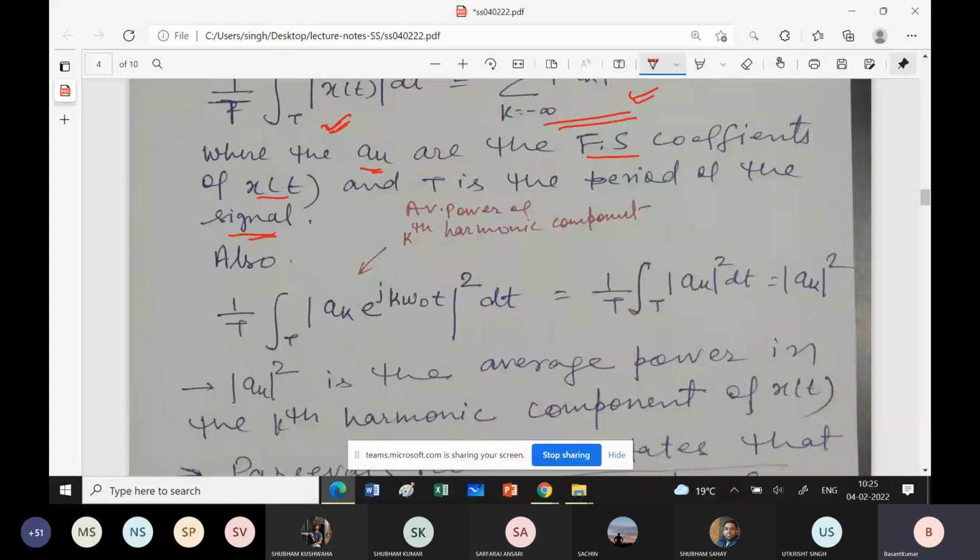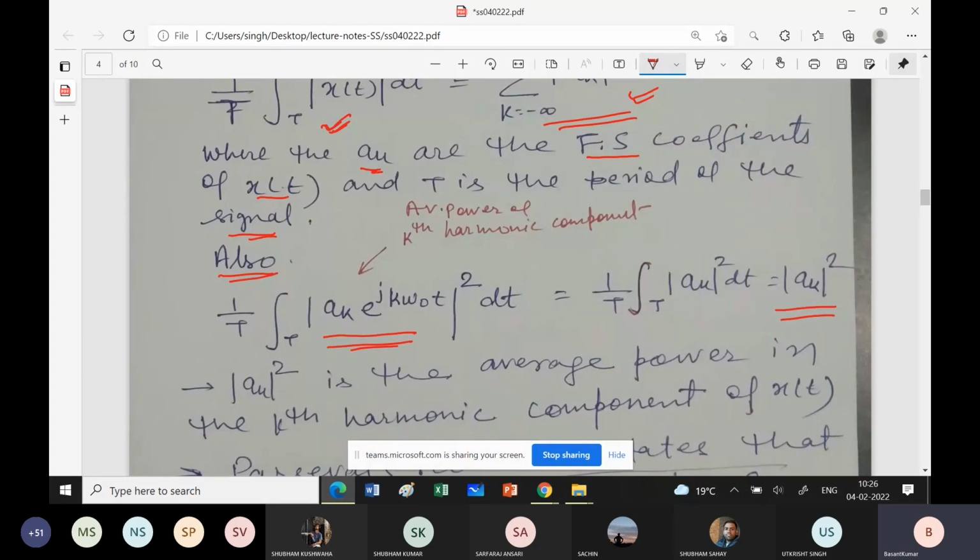Now another relation says that suppose this is one term of the synthesis equation having coefficient a_k. If you take the square of this signal and take the average by dividing by T, it is equal to the square of the magnitude of a_k, which is the coefficient.